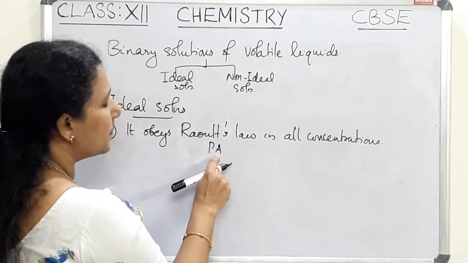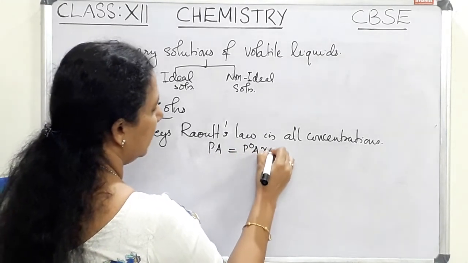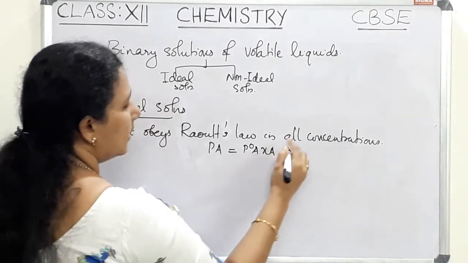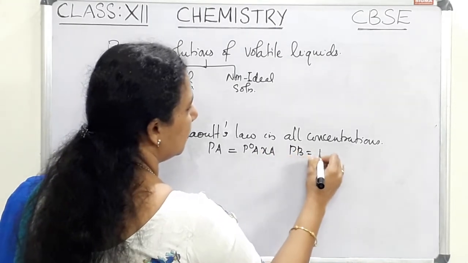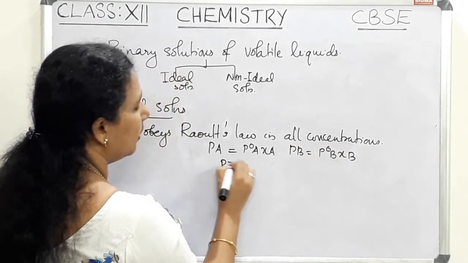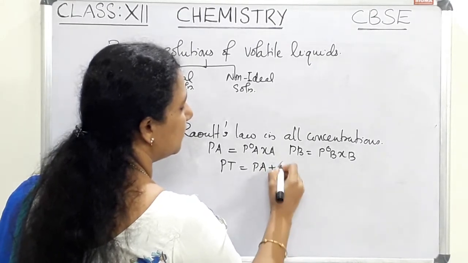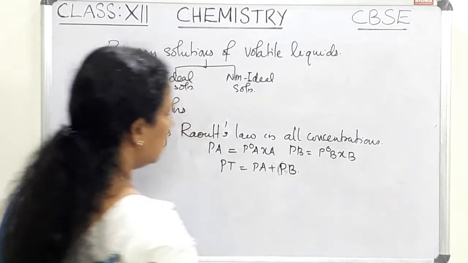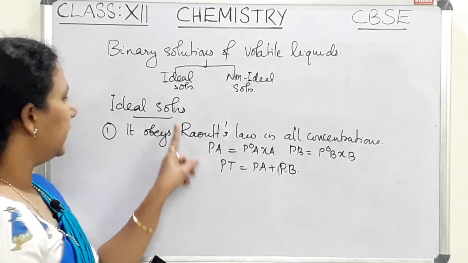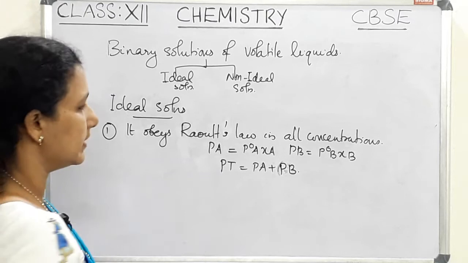That means the observed PA is equal to P0A XA, and PB is equal to P0B XB, and P total is equal to PA plus PB.